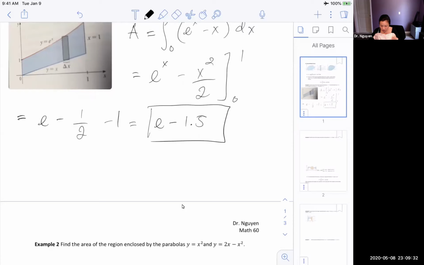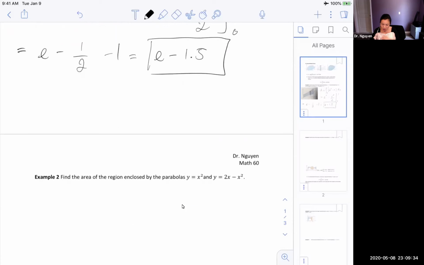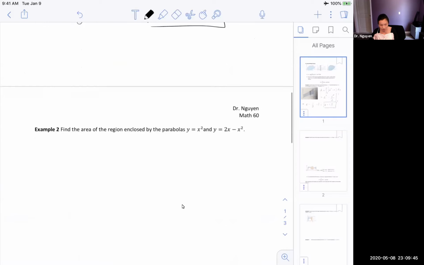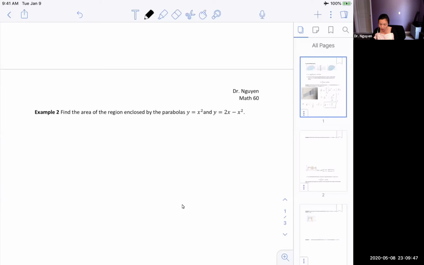Now let's go into example 2. Notice that in example 1, I gave you the bounds, x equals 0 and x equals 1. For example 2, we don't know them. We only know the two curves, which are y equals x squared and y equals 2x minus x squared. Like I said, it helps if you know the graph.